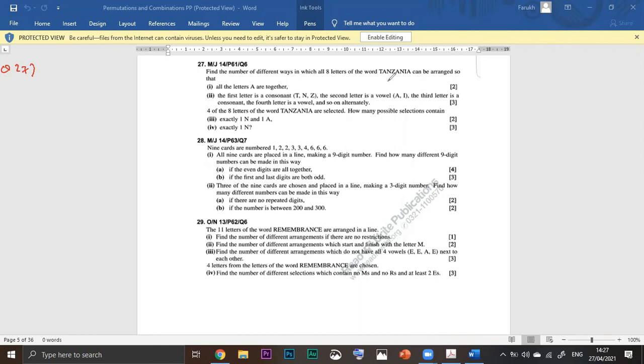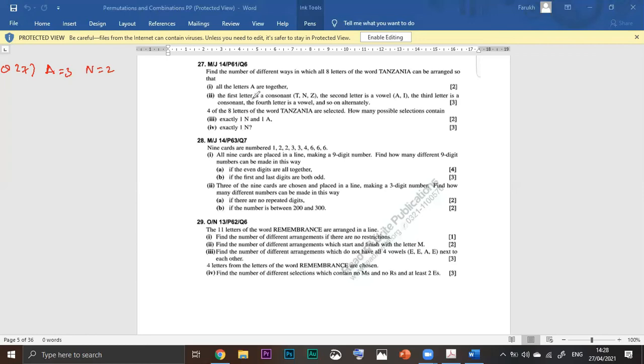One T. How many A's are there? Three A's. How many N's are there? Two.